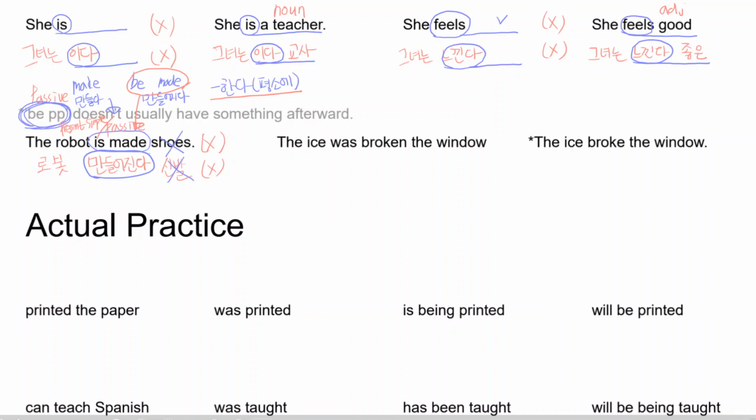We have "the ice was broken the window." What do you think? Is this a right sentence? So if we roughly translate this, 얼음이 창문을 깼어요. This could happen sometimes, right? 얼음이 창문을 깼어요. So this is a correct sentence, right?